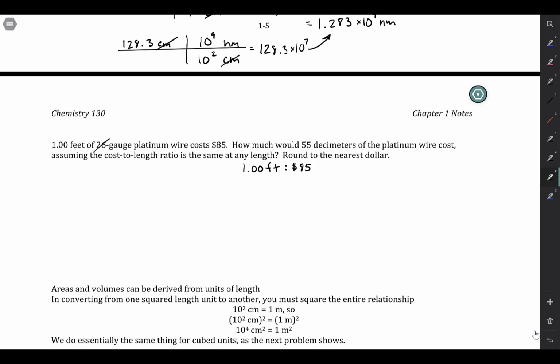And what we want to know here is what's the cost of 55 decimeters. So the goal is going to be, since we're given a length, to get from decimeters to feet. And once we get to feet, we can use this relationship here to get to the cost. So I'm going to start off with my 55 decimeters.